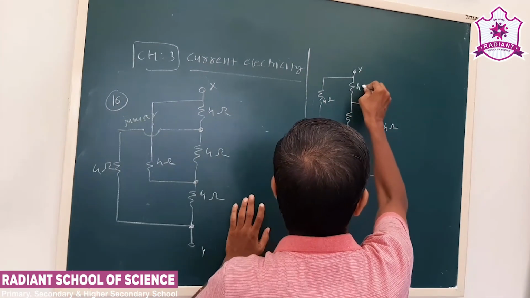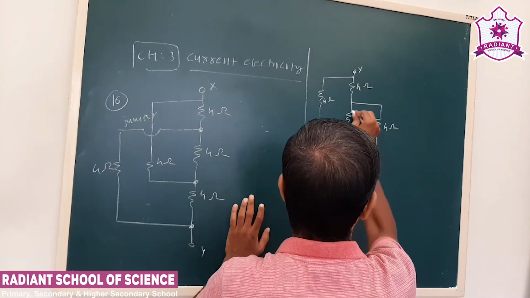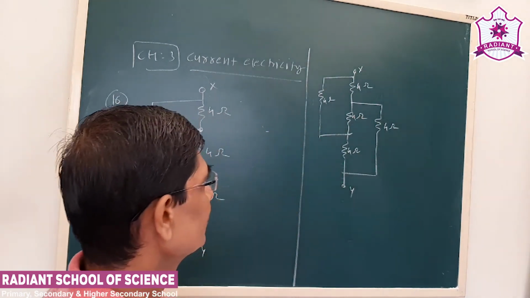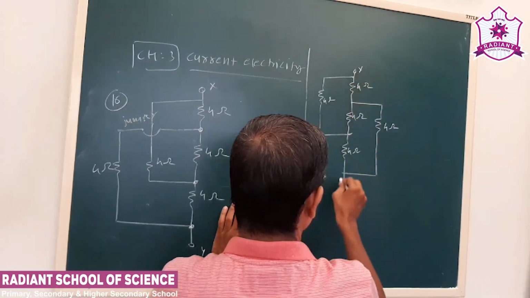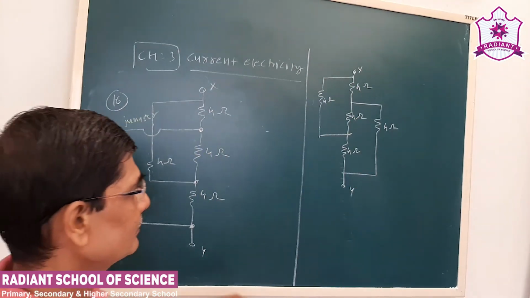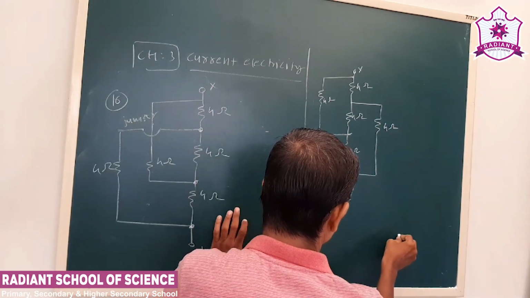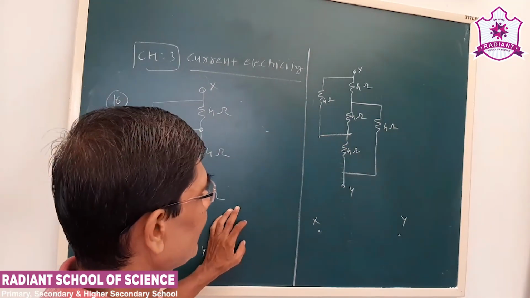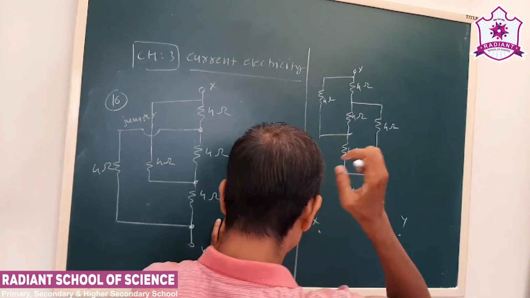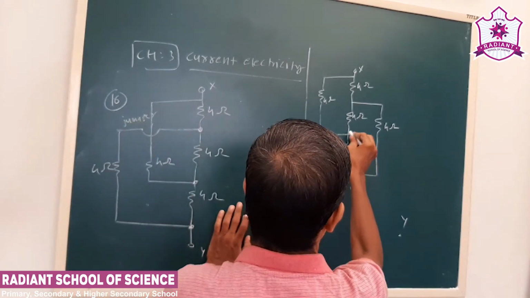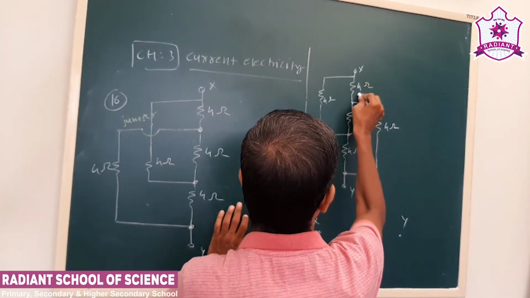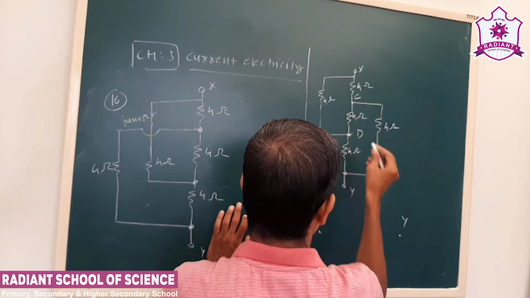Now all resistances are of 4 ohm. We have to find the equivalent resistance between X and Y. Now let us say this point is C and D.